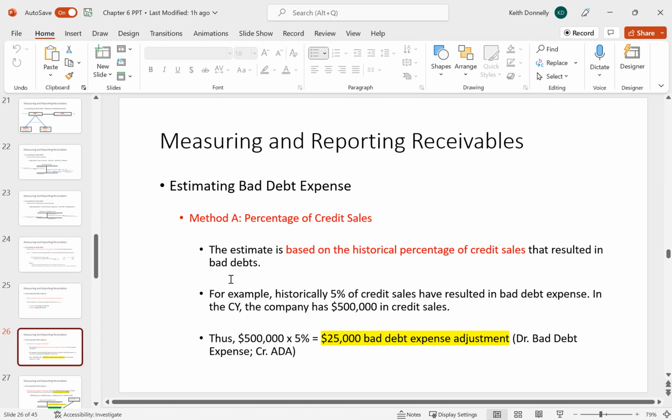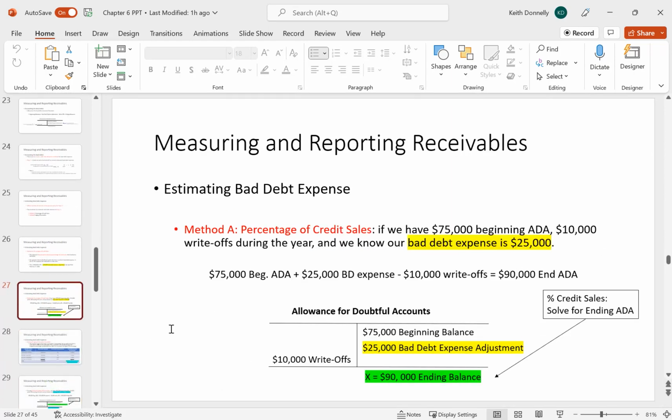In other words, if historically, for example, 5% of our credit sales have resulted in bad debt expense, then in the current year, if we had $500,000 in credit sales, we just multiply it by the 5%. That would give us our estimate. Historically, we don't collect 5%; sold 500,000, 5% of that is 25,000. That's the number we would put in the step 1 journal entry.